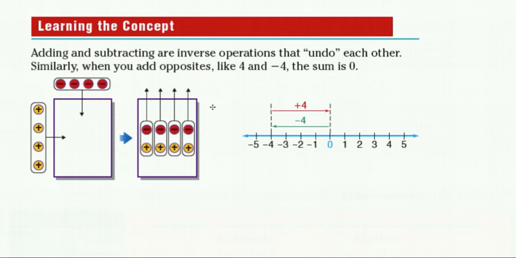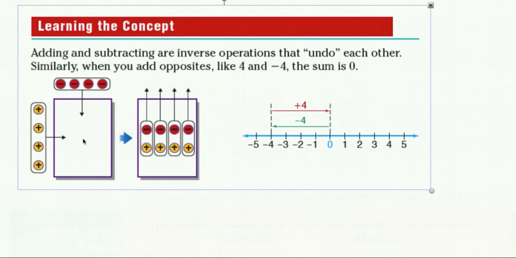Let's do it another way. Adding and subtracting are inverse operations that undo each other. Similarly, when you add opposites like 4 plus negative 4, like what we did in the last number, the sum is 0. So when you have positive 4 minus negative 4, you basically have 4 zero pairs, take them all out, it becomes 0.